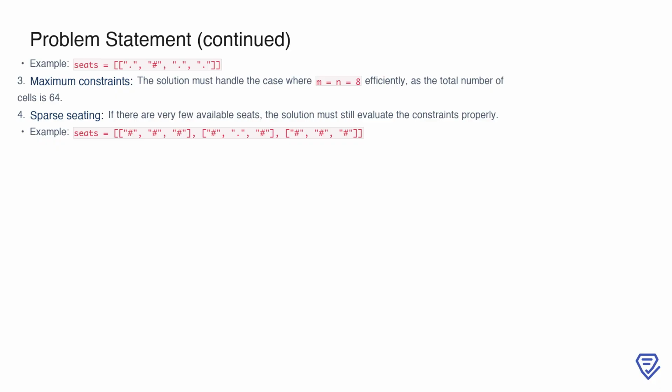Finally, in cases with sparse seating, where very few seats are available, the solution must still evaluate all possible valid seating arrangements. For example, in a scenario like seats equals, hashtag, hashtag, hashtag, hashtag, hashtag, hashtag, hashtag, hashtag, the placement of a single student must still respect all the constraints.